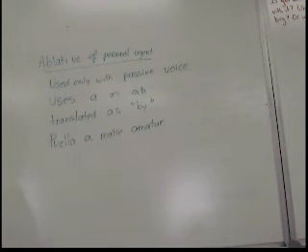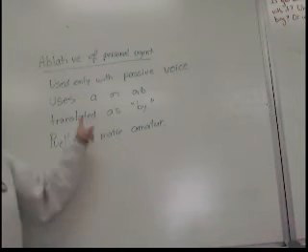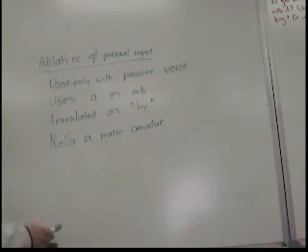So with a passive verb, the subject is receiving the action. If you want to find out who is doing it, you use a prepositional phrase, and that's the ablative of personal agent.